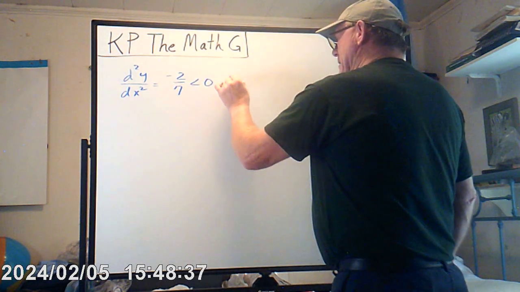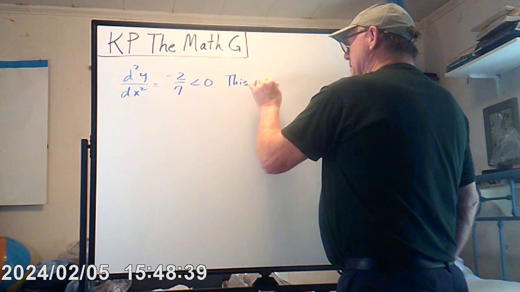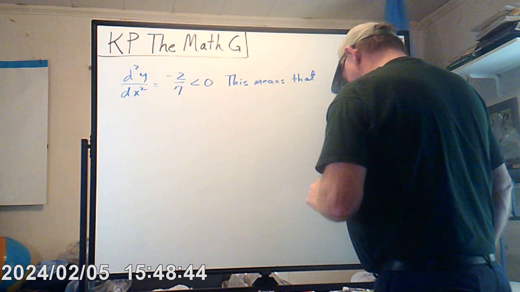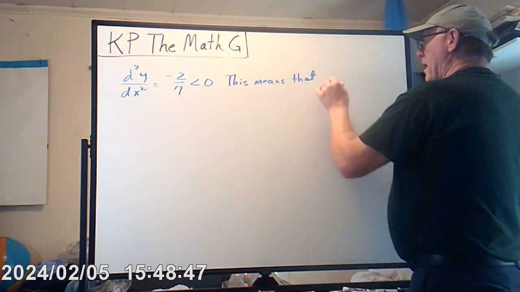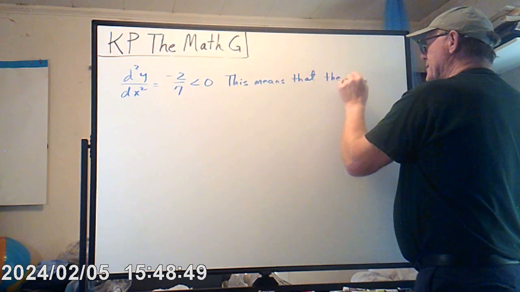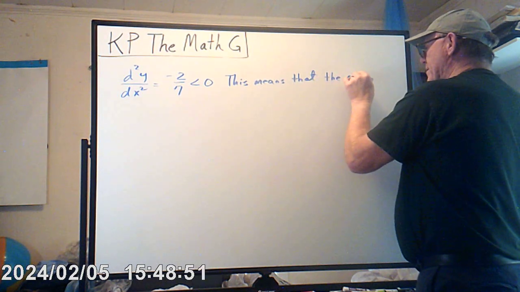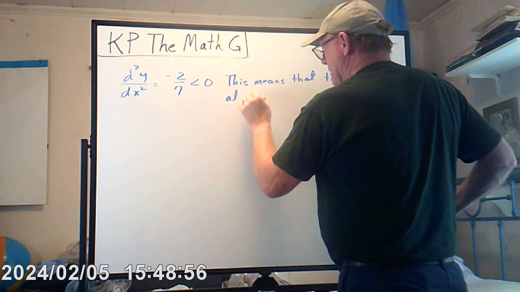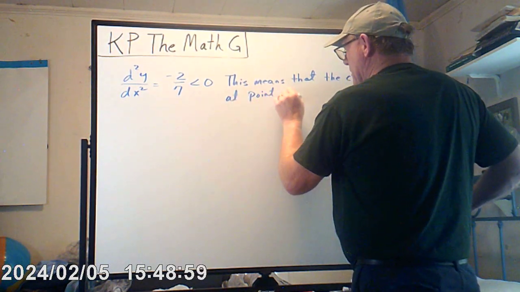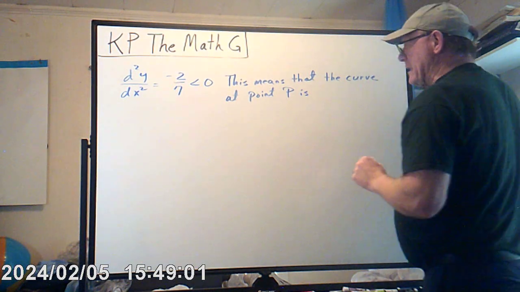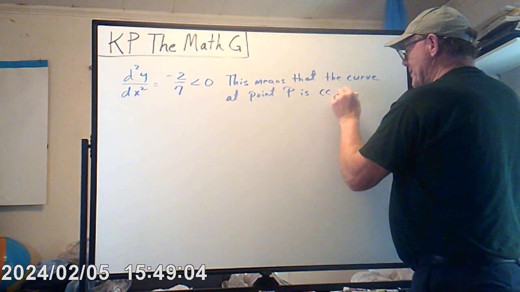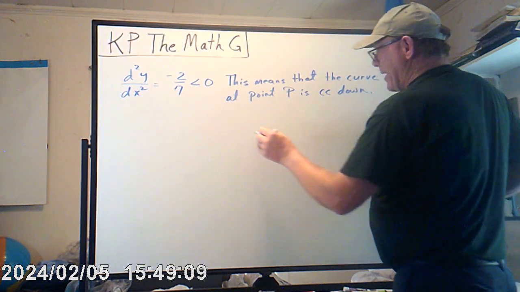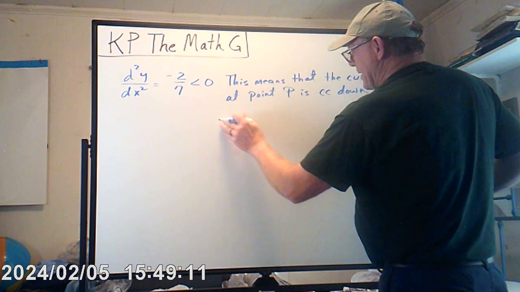And this means that, let's see, the curve at point P is concave down, which also means that the curve has a max.